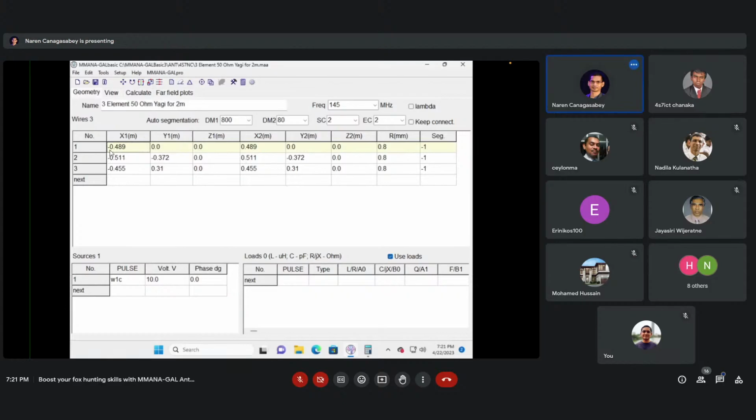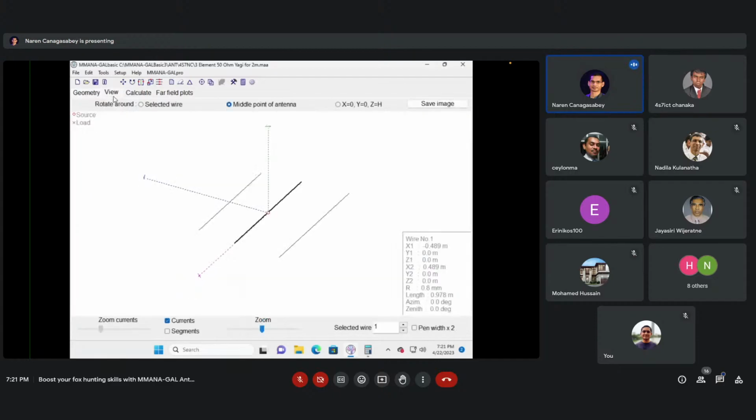So here we have 0.489. Why it's minus is because I generally like to keep the feed point in the center, so I take minus this way. This portion will be 0.489 and this portion will be 0.489, which gives you a total length of 0.978, which you see here.